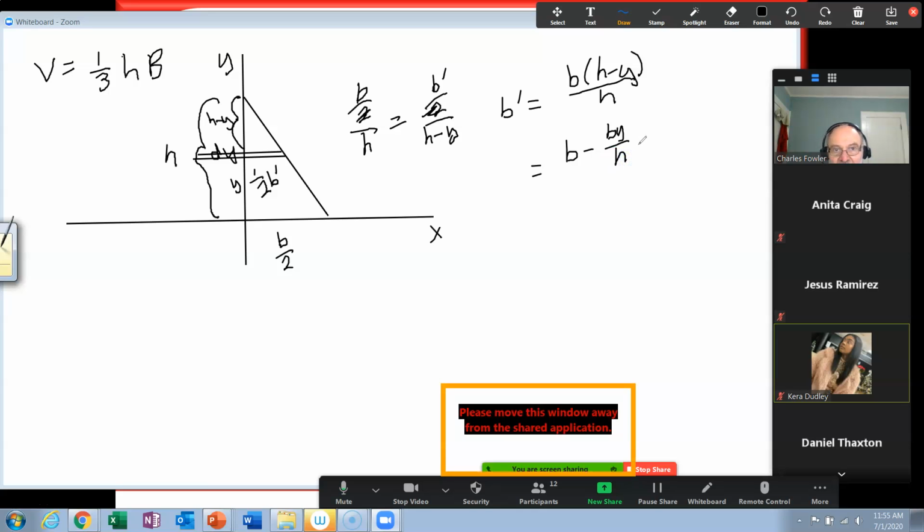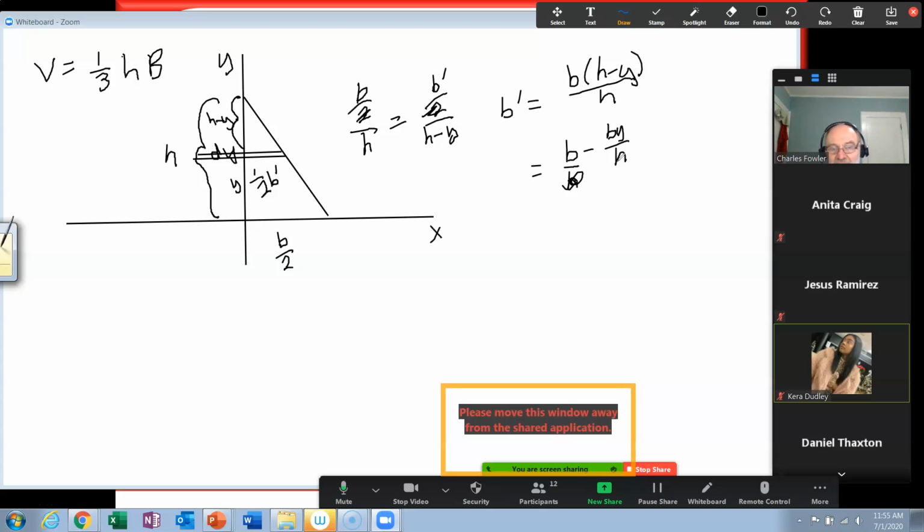I think I need an h here too. That's a constant. I think I did that wrong. No, I did do it wrong. The h is not there. This is bh over h, which is b minus by over h. I had it right the first time.